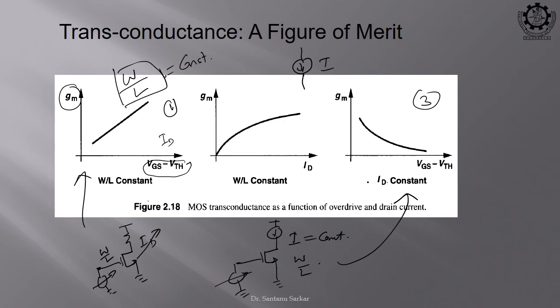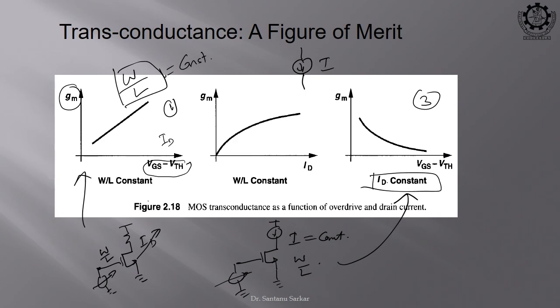Okay. In this case, ID is not changing, ID is constant, which is forcing the GM to go down. In this case, ID has the freedom to go up, and as it is going up, it is pulling up the GM also. Clear?